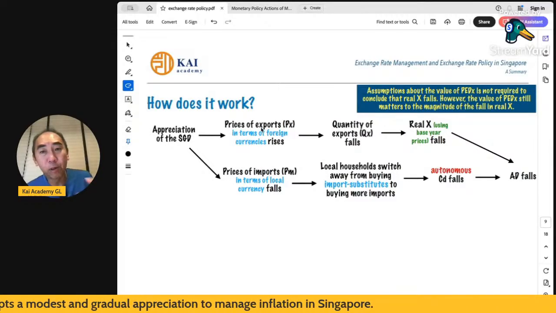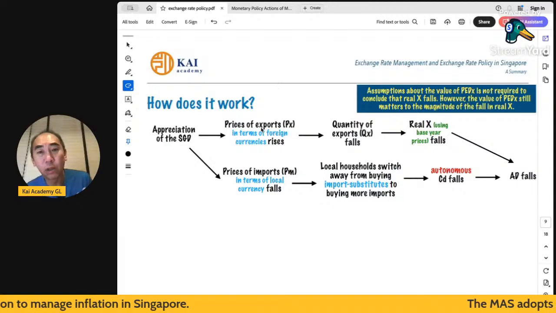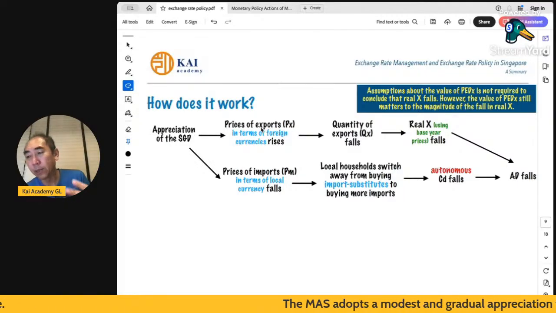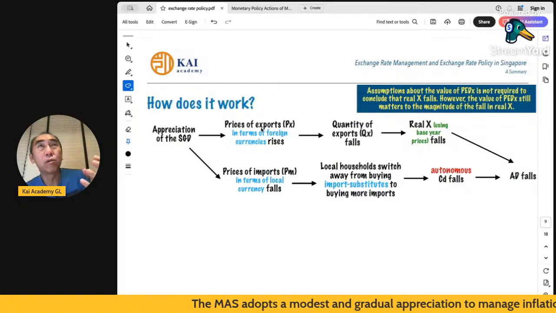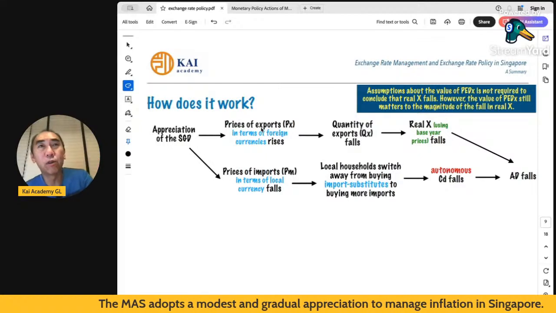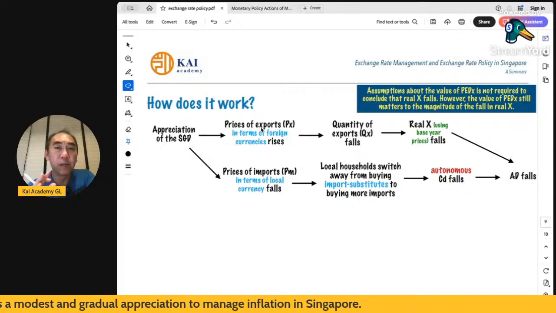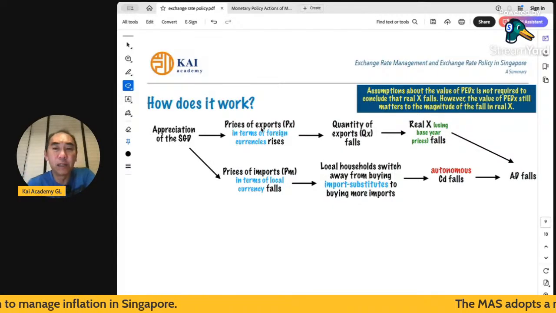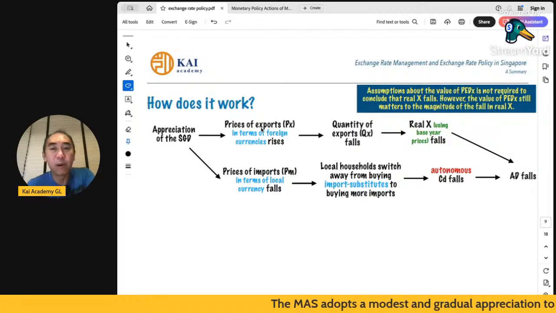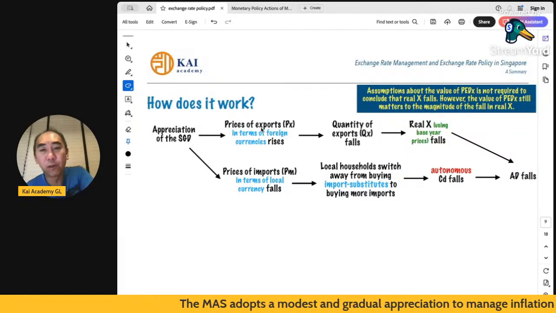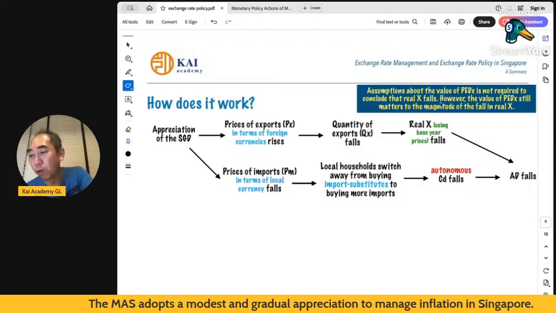Hence, the important implication here is that the value of PEDX is not necessary to draw a conclusion that X is falling. We do not have to assume anything about the value of PEDX. We only need the value of PEDX to determine the extent or the magnitude of the decrease in X. Regardless of whether PEDX is greater than 1 or less than 1, the real value of X should fall. There's something to take note of that is important.